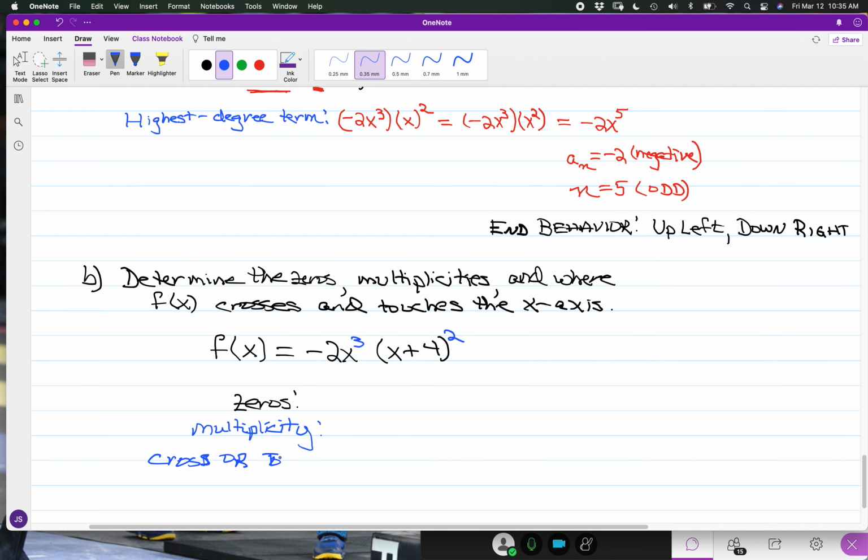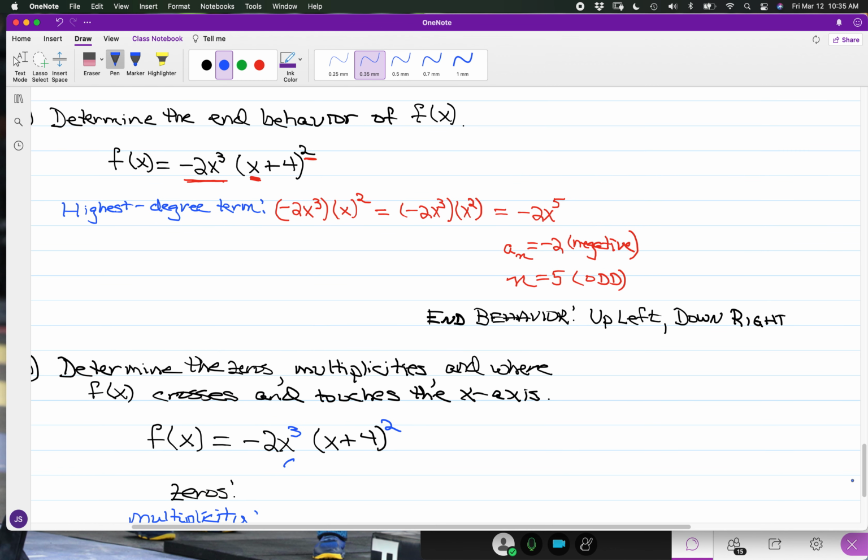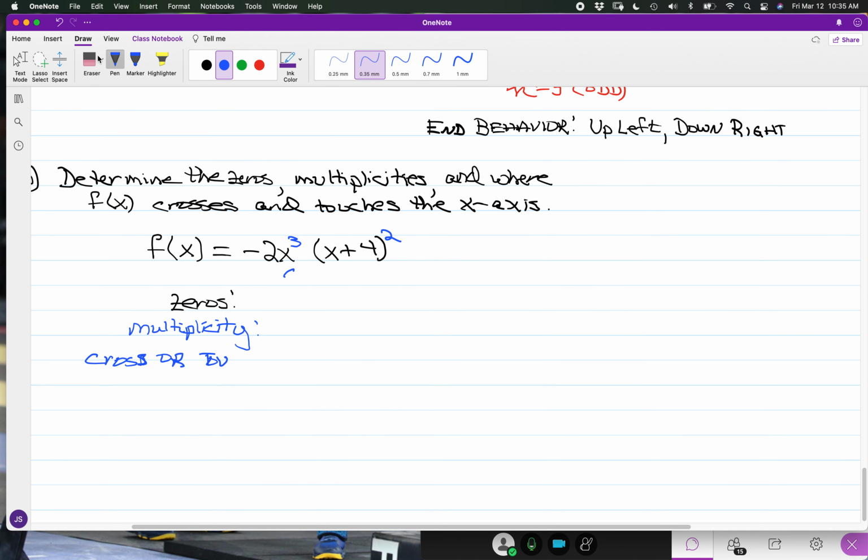And for this one, again, it might help to go ahead and get the multiplicities out of the way. So looking at the exponents, you got 3 and also 2.